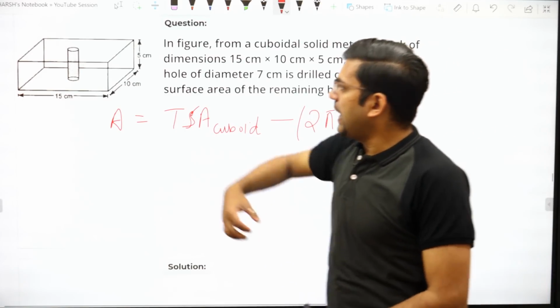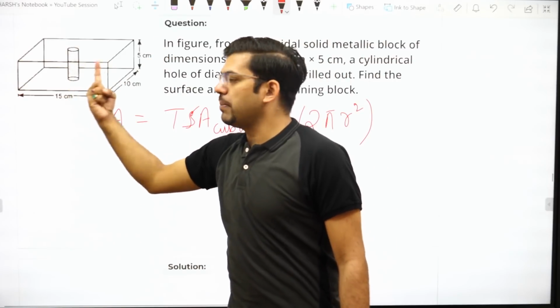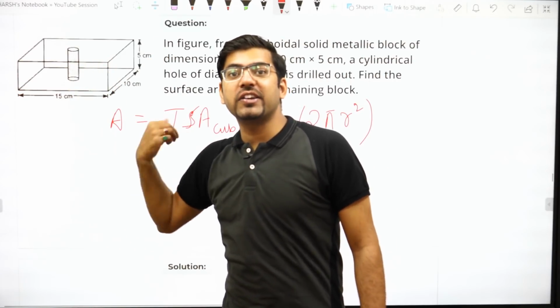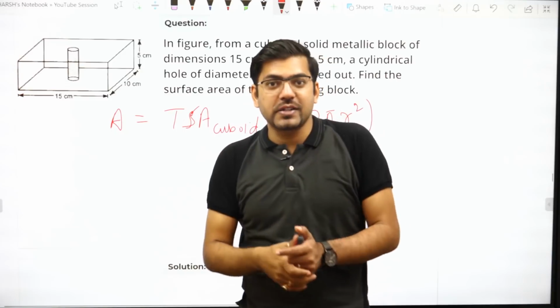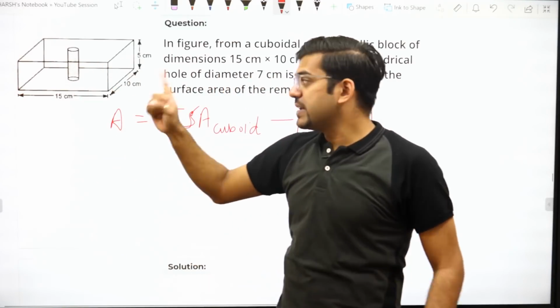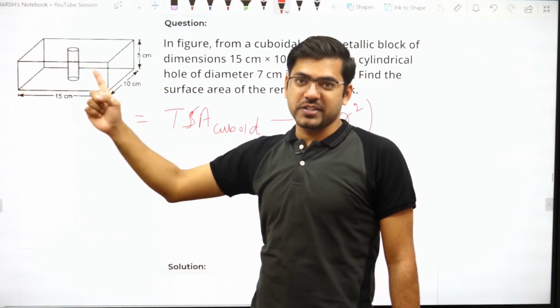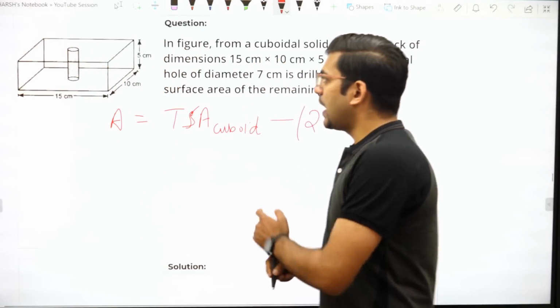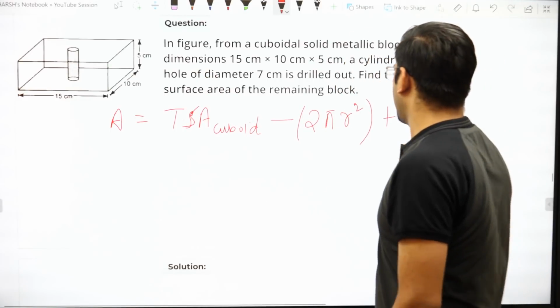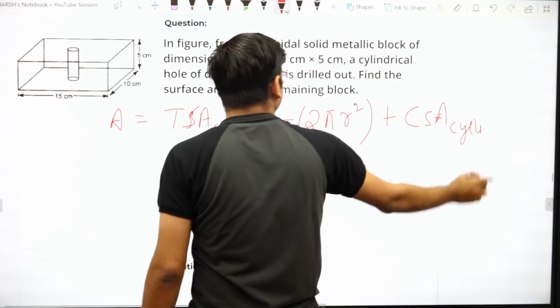Now, when I drill it out, the portion which remains here will be an additional area because that will be visible to us, isn't it? That area which will be visible to us is nothing but the curved surface area of this cylinder. So I will be adding that curved surface area of cylinder. So we have total surface area of cuboid, minus 2 pi r square, plus curved surface area of cylinder.